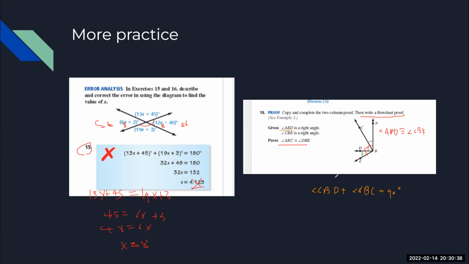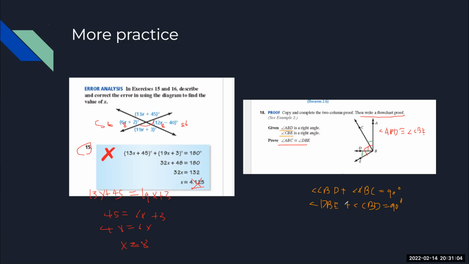And for angle CBE, the angles that make up angle CBE are angle DBE plus angle CBD. And they also add up to 90 degrees because you're given that angle CBE is a right angle.